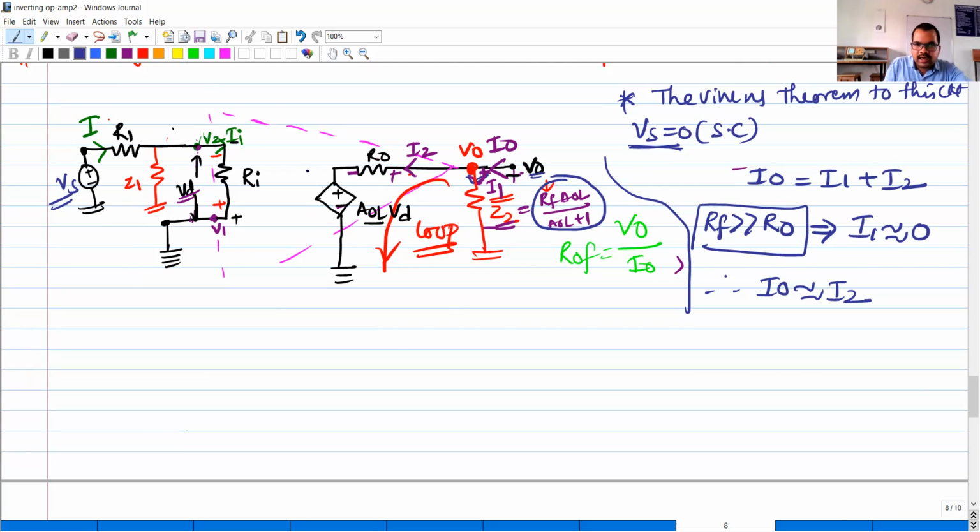Now I want to draw the figure separately here, the output side. This is R0, and the output voltage is V0, with a plus minus dependent voltage source.